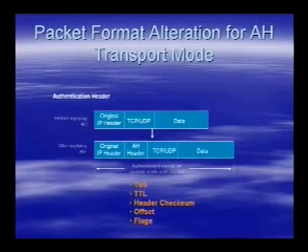After applying AH, you still have your original IP header, then following that the AH header, and then the rest of the packet, your transport layer, and then your data. The fields that aren't part of the authentication are the 5 listed there: type of service, TTL, header checksum, offset, and flags. Everything besides those fields is authenticated.